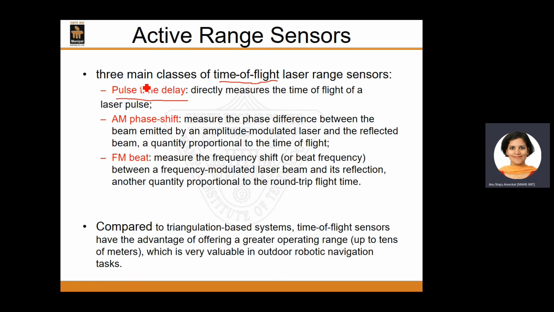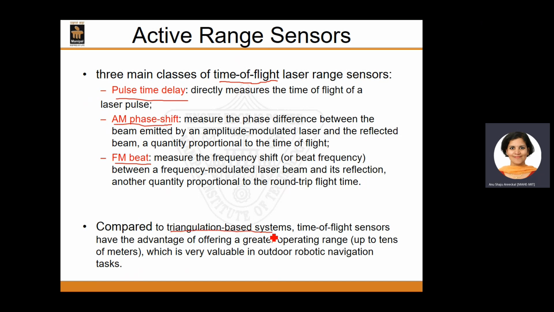If it is measuring the time with the help of a laser pulse, then that type of time of flight laser range sensor can be called the pulse time delay. Similarly, you also have the AM phase shift, where you are making use of amplitude modulation. If you're making use of frequency modulation for this, then you have the FMCW. So these are the different quantities or measures that we are measuring at the receiver's end, in order to determine the depth of that particular object.